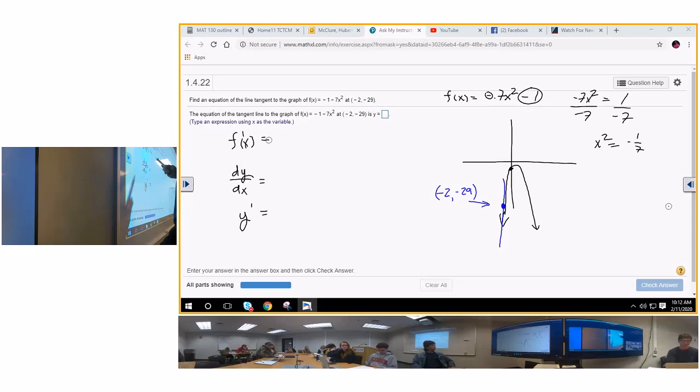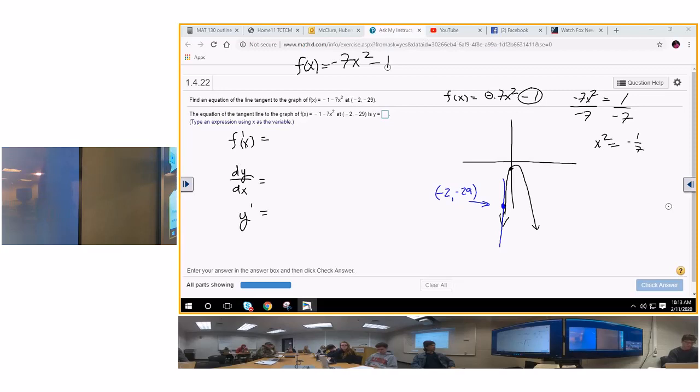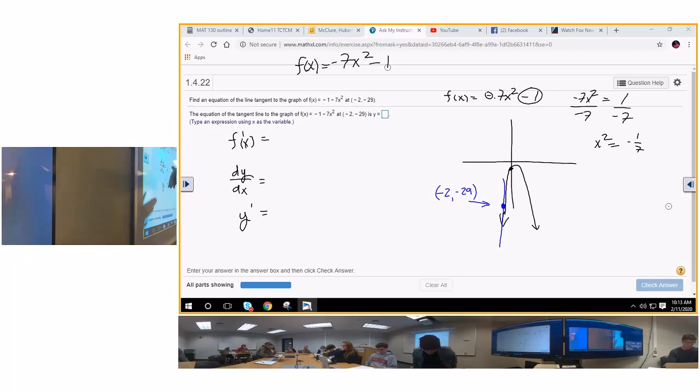That's the different nomenclature or whatever you want to use for this. F of x is equal to -7x squared minus 1. You can write it as f prime of x, that means the derivative. This means the derivative of y in respect to x. And this means y prime. All of them mean derivative. I don't care which one you use. Okay? It's not a big deal.